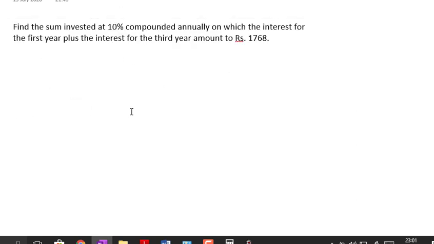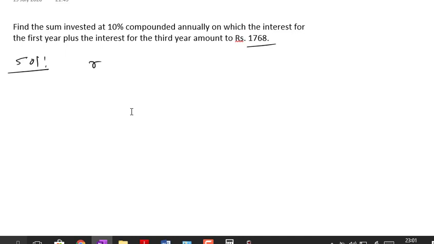Next question is, find the sum invested at 10% compounded annually on which the interest for the first year plus the interest for the third year amount to 1768. Find the sum invested. So again in this problem we have to find the sum, that is P is unknown. What is given?